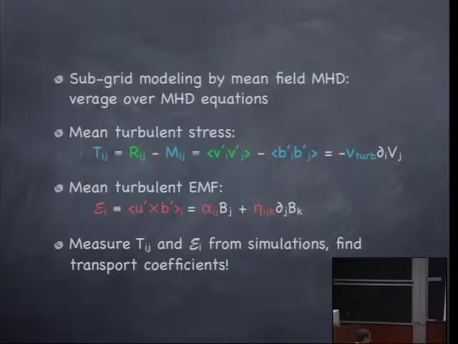So, for example, in dynamo, I guess it's really recently people start to do shearing box. A few years ago, people still keep doing the periodic box. And how people set up the problem is to use so-called test field method. So you assume some field, and then by assuming this form of stress, you put that into your problem, and then you fit your coefficients.